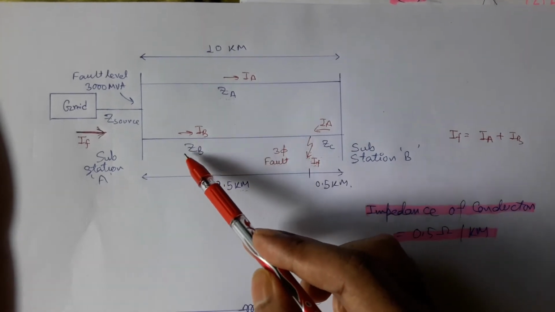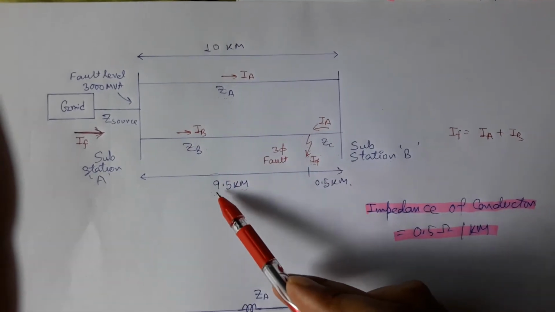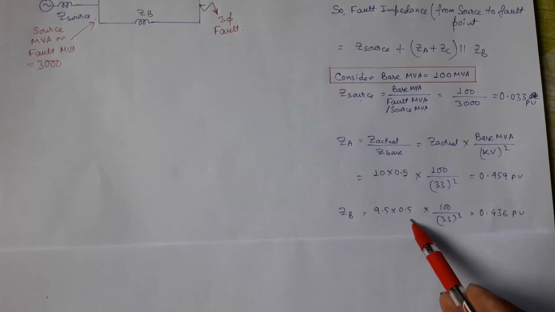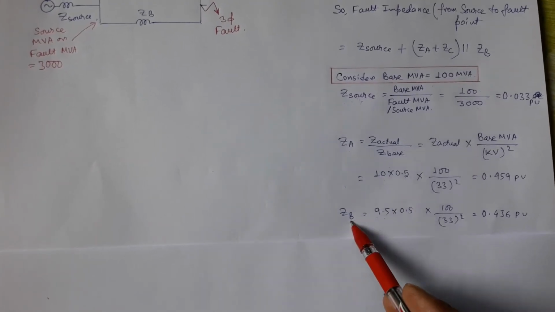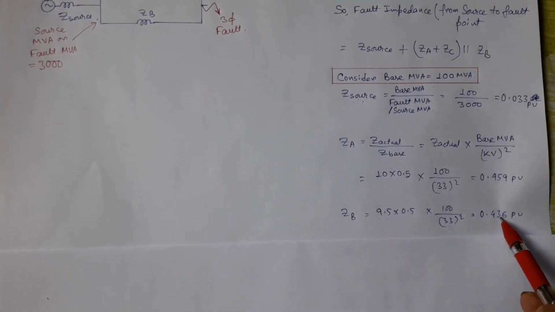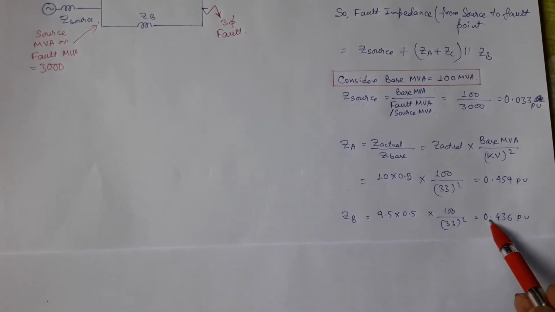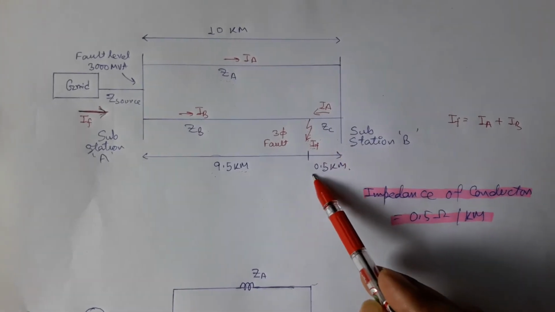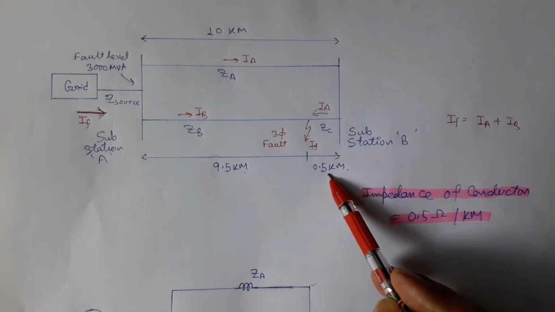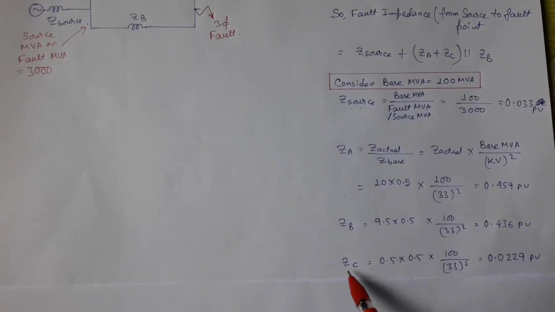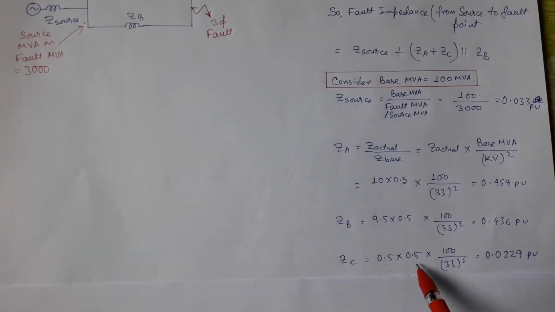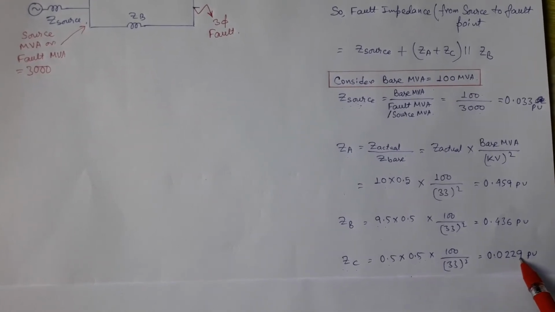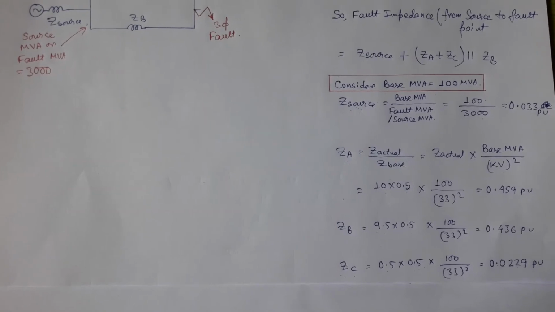So the actual impedance of ZB is 9.5 into 0.5, and the per unit impedance of ZB is 0.436. ZC part is only 0.5 km long. So the actual impedance of ZC is 0.5 into 0.5, and it is 0.0229 if expressed in per unit.